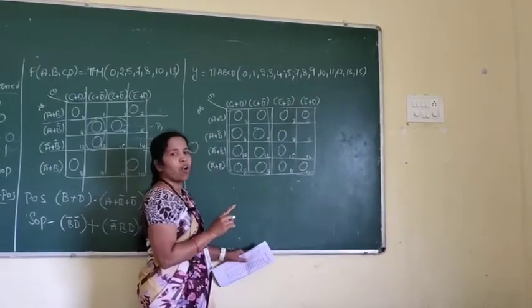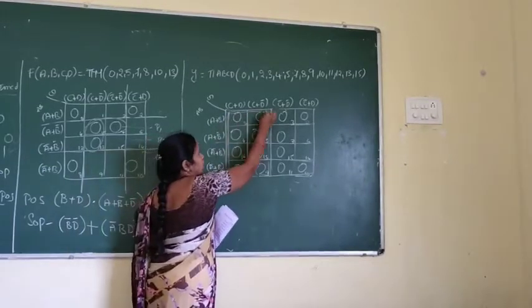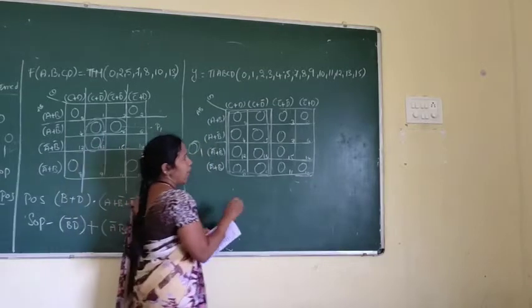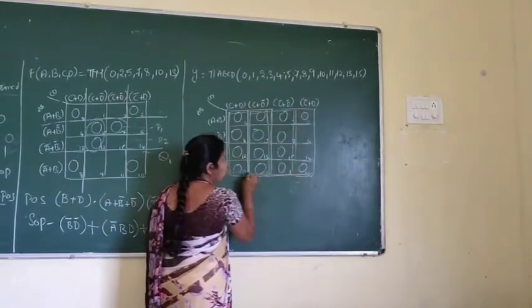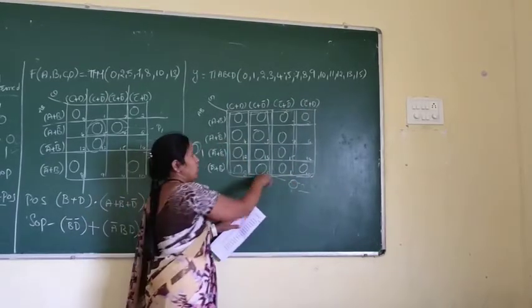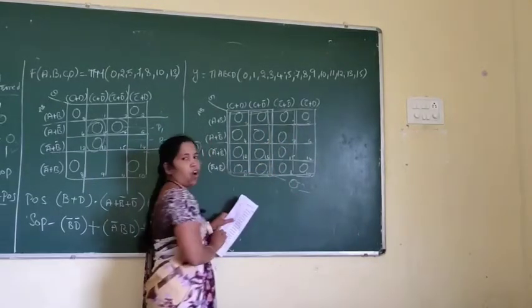Now the second step is to group here. If you check, this one octet I have taken, octet 1. And one more, these middle two columns, is one more octet. So the first octet is these 4, and the second one is the middle two columns, octet 2.